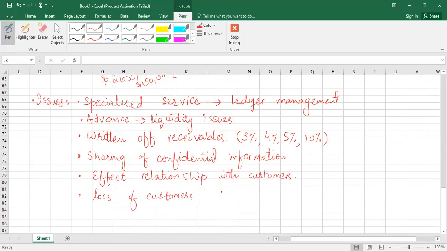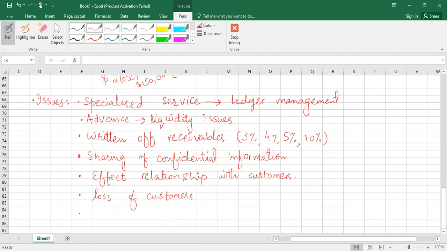But you are losing reputation because of this factor company, and the new customers will be hesitant to make a relationship with you because they know that if there are any delays in payment, the factor company will deal with them, or they have to interact with the factor company.